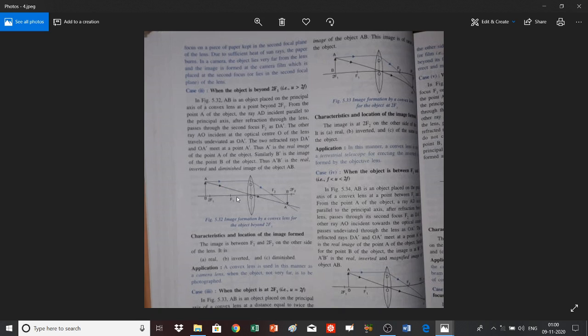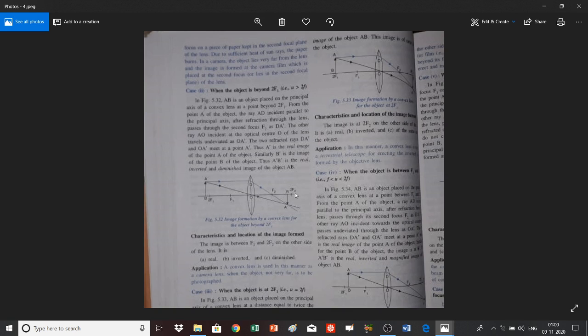So OF1 is small f, that is the focal length, and this distance is also f. You just take another point here which is at twice the distance of F1, that is, this is 2F1. That is OF2, this distance is 2f, twice the focal length.